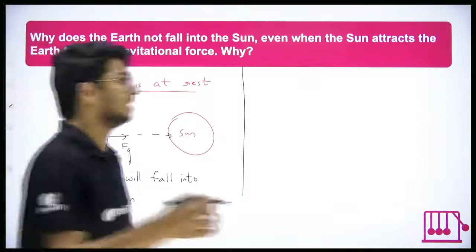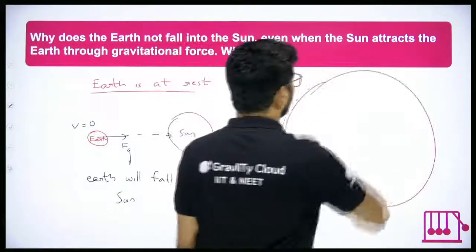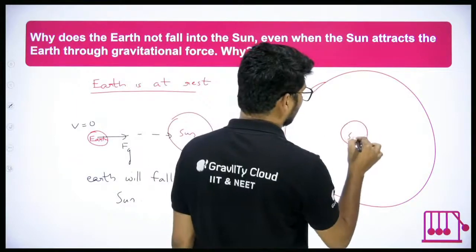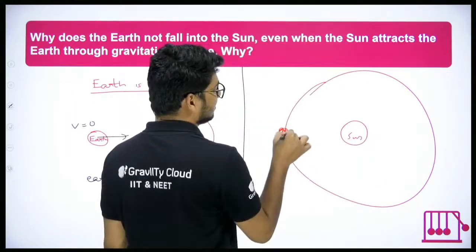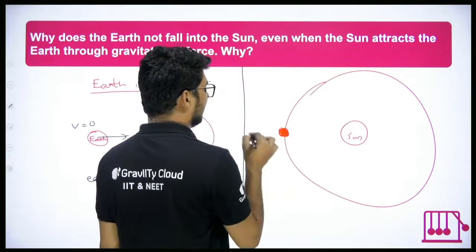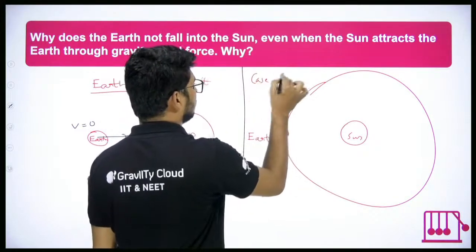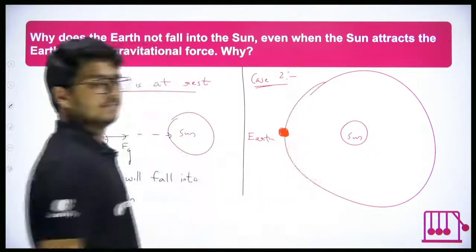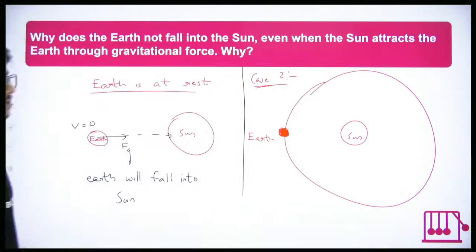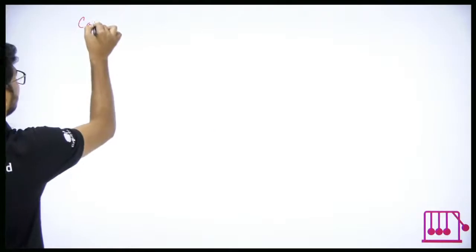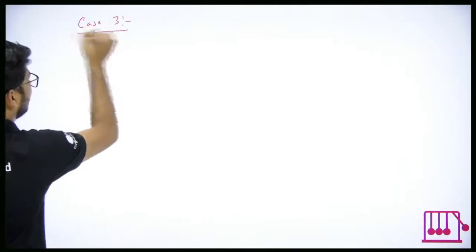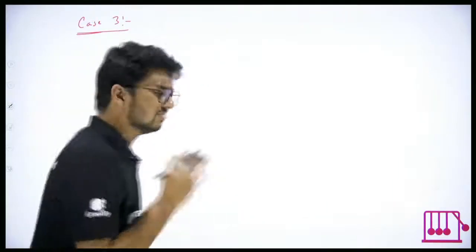What is Earth doing? Earth is happily revolving around the sun. Case 2. Right? But again, if I take another case, let's say case 3, where there is no sun.